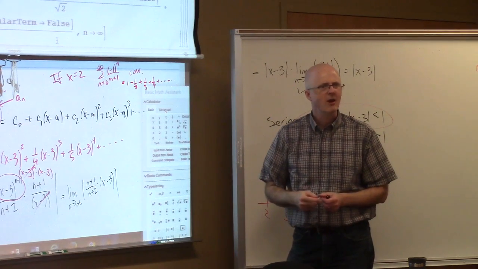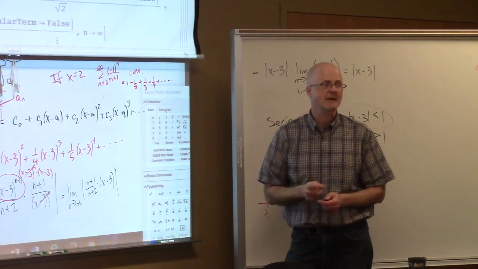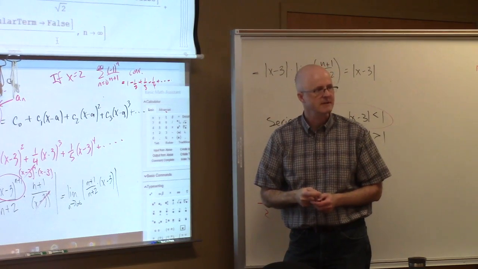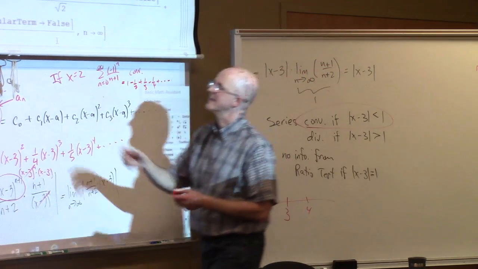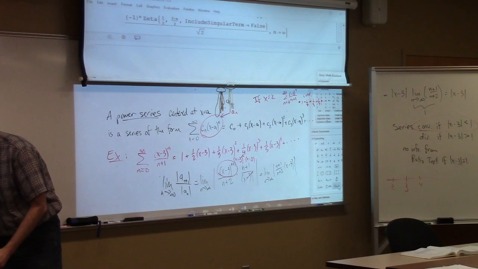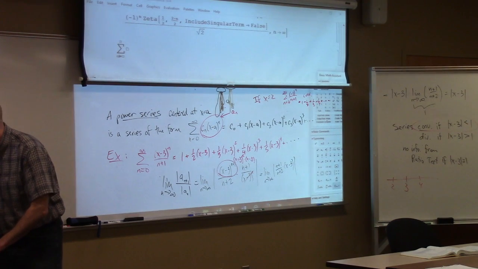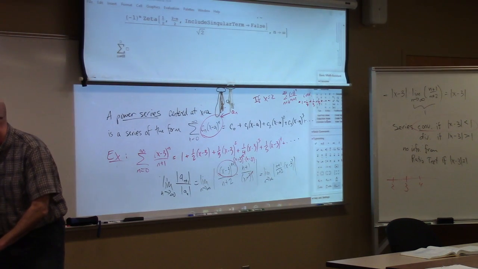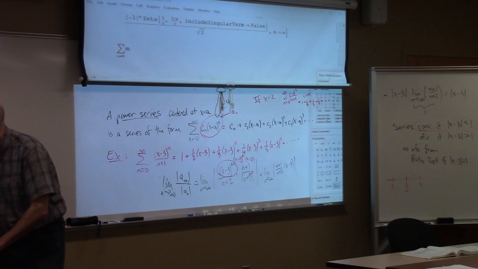If I remember right, the alternating harmonic series, I know it converges. I think it converges to natural log 2, amazingly enough. Let me test that quick. I'll type it in here as I wrote it on the board just now.